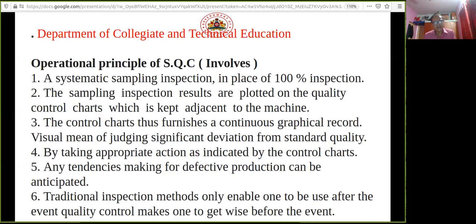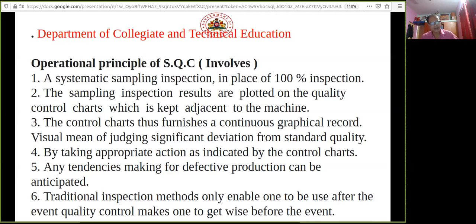When the process is under control, we are not going to get any defective products. So we can prevent the formation of defective products here. The traditional inspection method only enables one to act after the event, while quality control makes one get wise before the event.